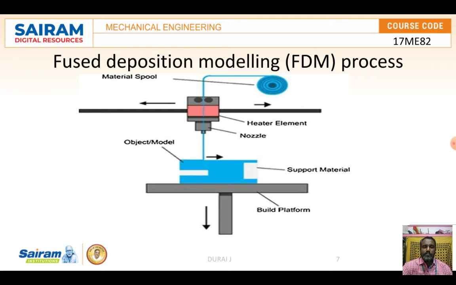In the fused deposition modeling process, the first step is the preparation. Normally the component modeling has to be made in CAD software, and it will be converted into an STL file.